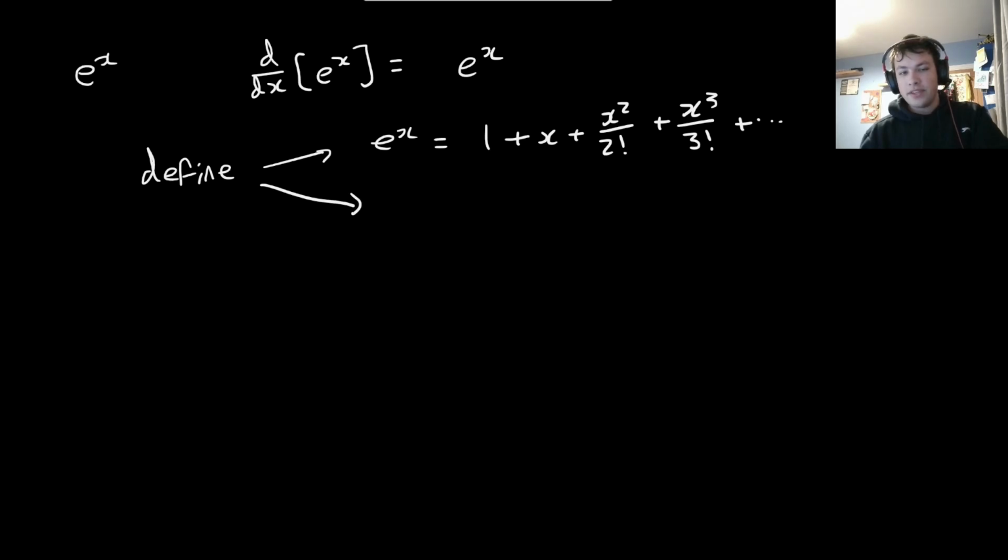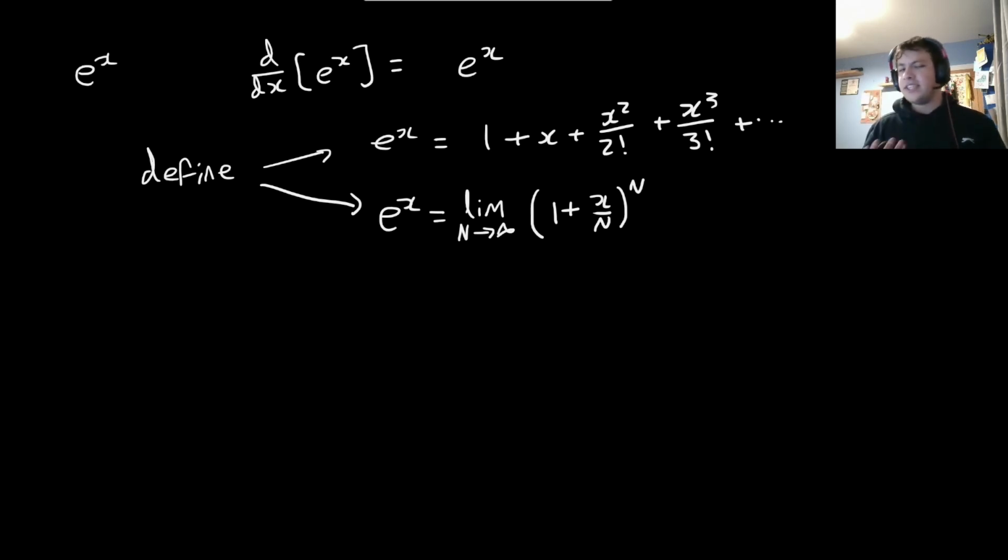Or it's defined as the limit as n goes to infinity of 1 plus x over n to the power of n. And we're told that e is this irrational number, 2.718281828, and then something else. It doesn't repeat 1828.